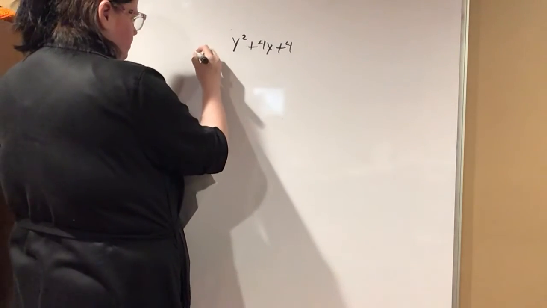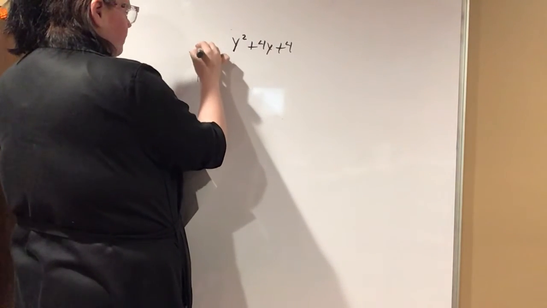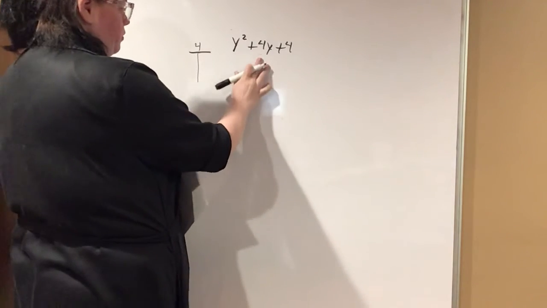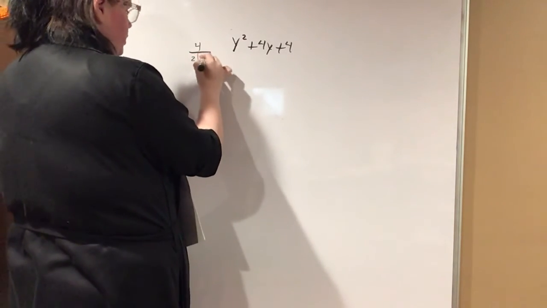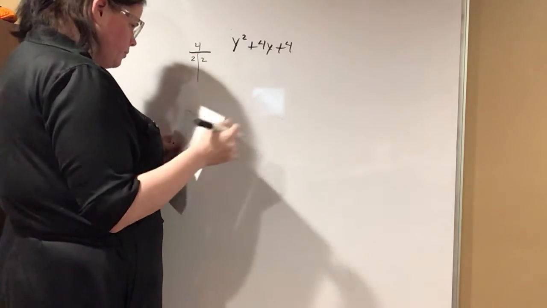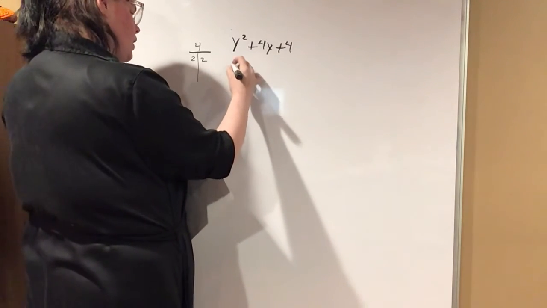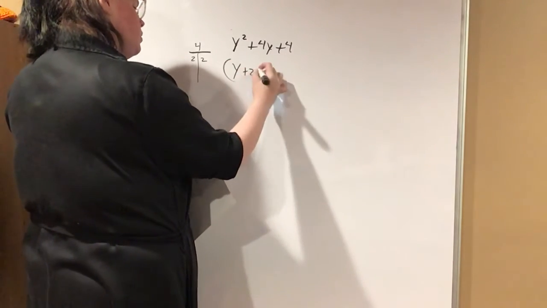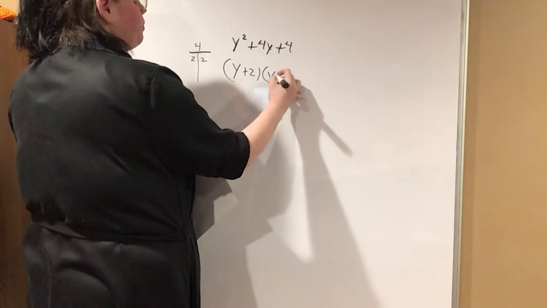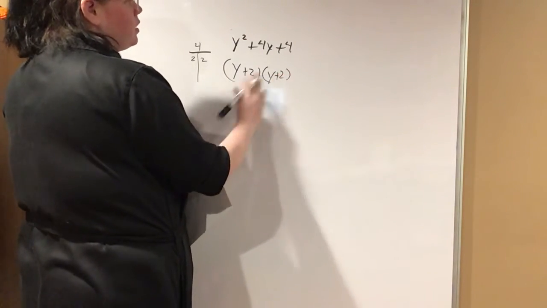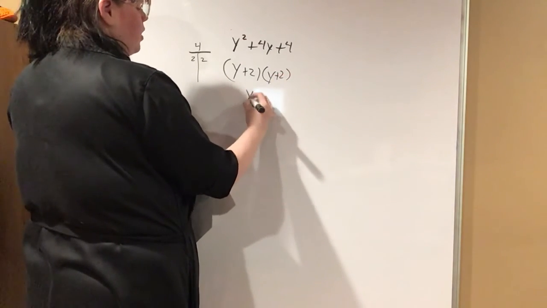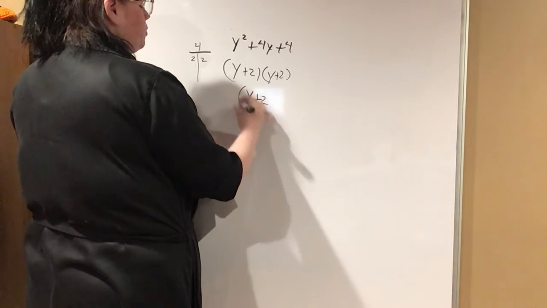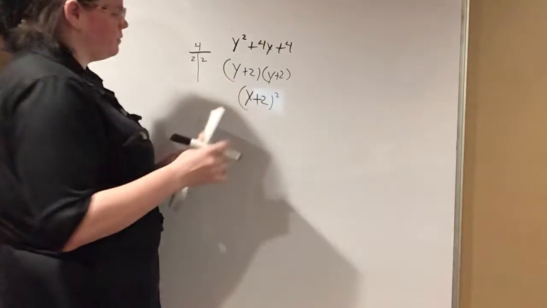So we know we need factors of 4 that add up to 4. That's 2 and 2. And so I would actually have y plus 2 times y plus 2. But look, they're the same, right? So we can just write this as y plus 2 squared.